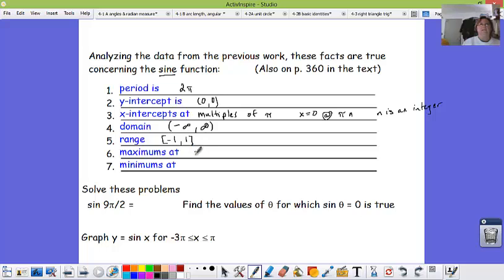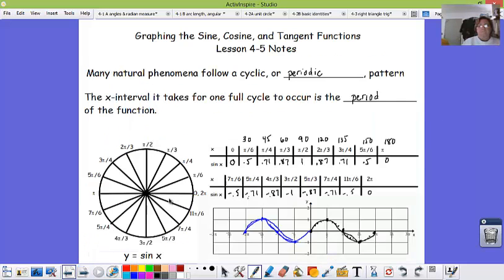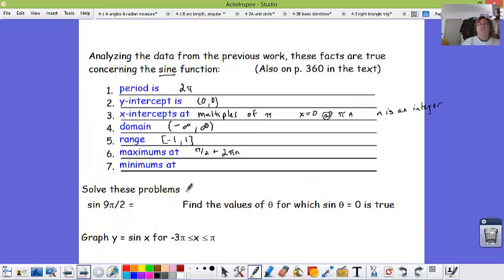Maximums happen at pi halves plus 2 pi n. Again, every full cycle after that. Minimums, well, the minimums in this function, -1, that happens at 3 pi halves in the first cycle and every 2 pi thereafter. So 3 pi halves plus 2 pi n.